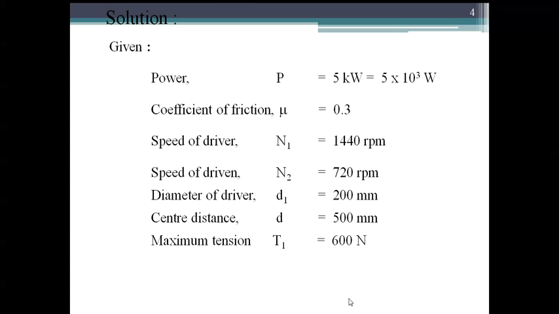Tight side tension T1 equal to 600 newtons. Width of the belt B equal to 80 mm. Thickness of the belt is 6 mm.